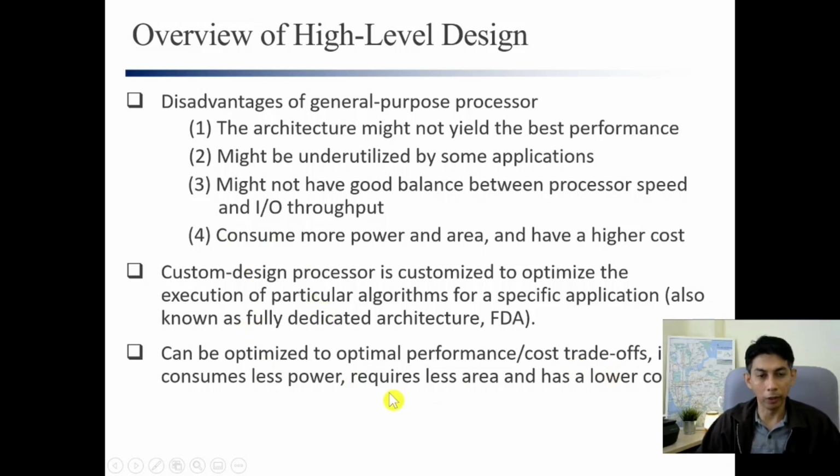All right, so for example, if our application is not meant for speed, actually we can reduce the speed so that the design is smaller and also consumes less power, but we can have the same result. Yeah, just at a lower speed.